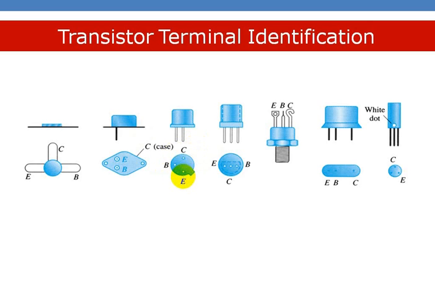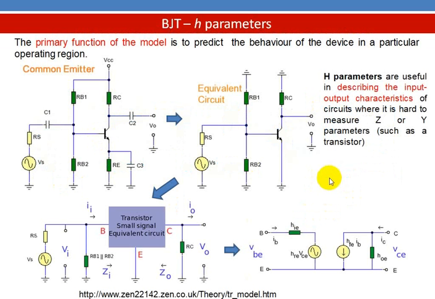And if you move in the clockwise direction, the middle one is base and this one is collector. Similarly, if you take the plastic package, if you just turn it upside down, the left terminal will be emitter, the middle terminal will be collector, and the right terminal will be base. Similarly, you can identify the terminals for different packages.